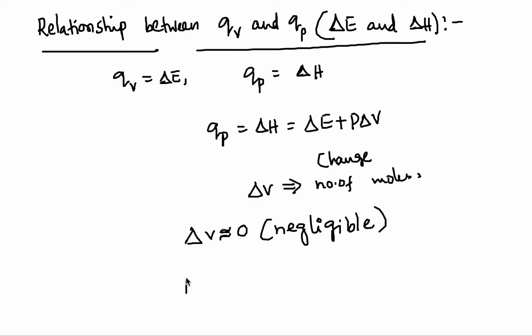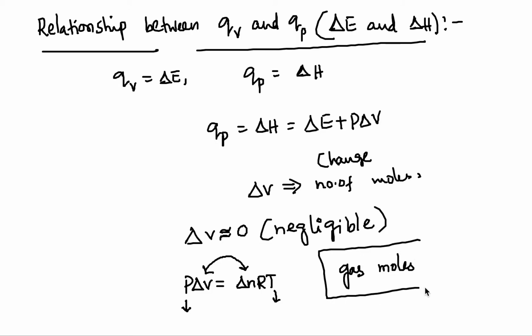That means P delta V is equal to delta nRT. Why? Here P is constant and we are also taking the temperature constant. Therefore, volume changes are related to the change in number of moles. And what kind of moles? Gas moles. Why? When substances like solids and liquids are involved, there will be no change in volume in the reaction, but when gases are involved, the changes are very significant.